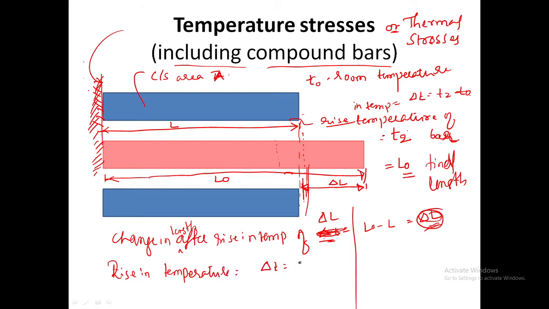Delta T equal to T2 minus T0, where T2 is the final temperature and T0 is the ambient or room temperature.